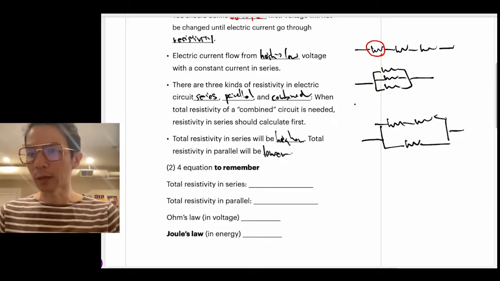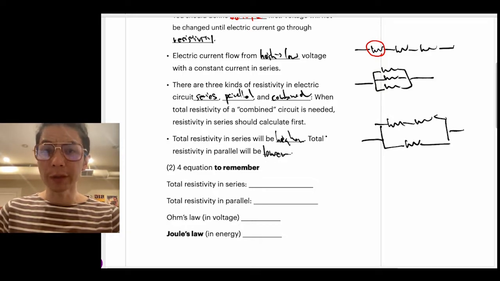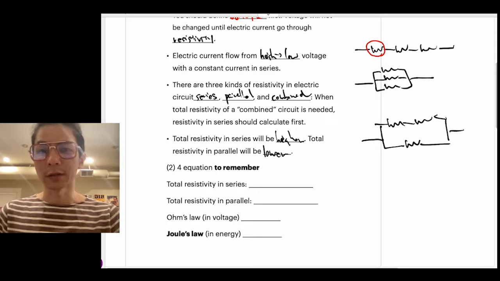This is useful after calculation, when you want to check whether your answer is correct or not.